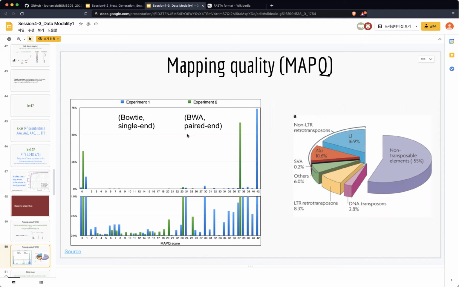And we use 2 different algorithms, right? And the first experiment used the algorithm called Bowtie, and the second algorithm called BWA, right? And the first experiment is based on single-end, and the second experiment is based on paired-end. And we can see the distribution of the mapping quality from the experiment, from the library, and from the algorithms as well.